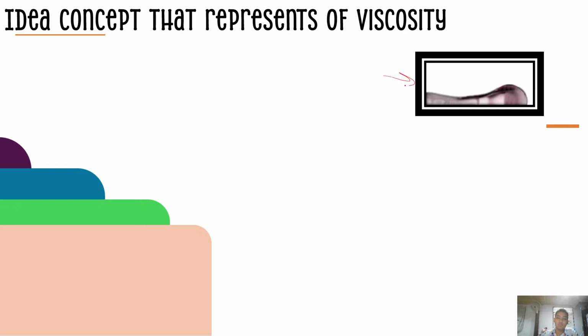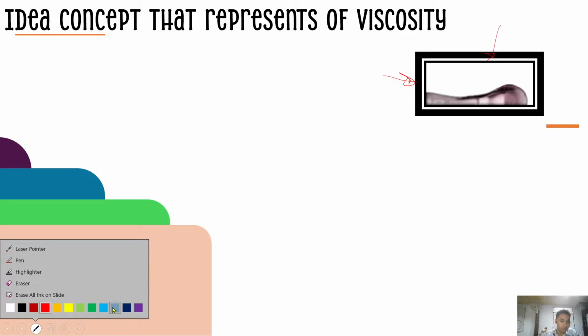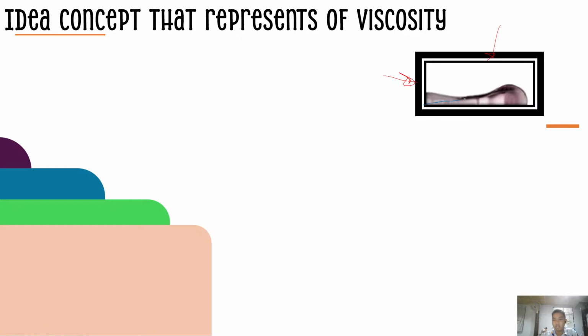This is a drop of water or some liquid. Imagine a drop has a layer between itself and the surface, obviously. And the big thing here is the layer I made to represent this. This is the surface, the layer between itself.